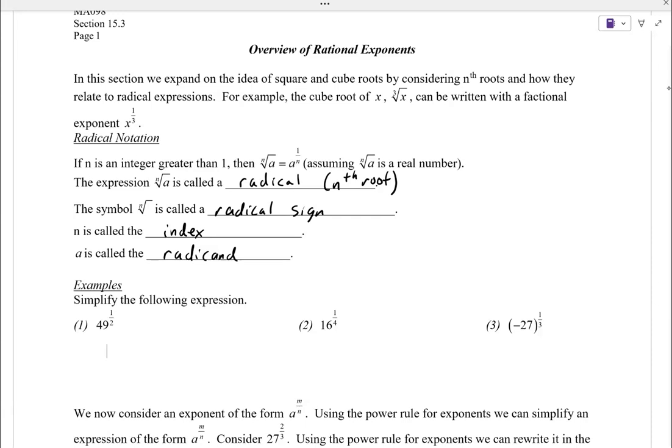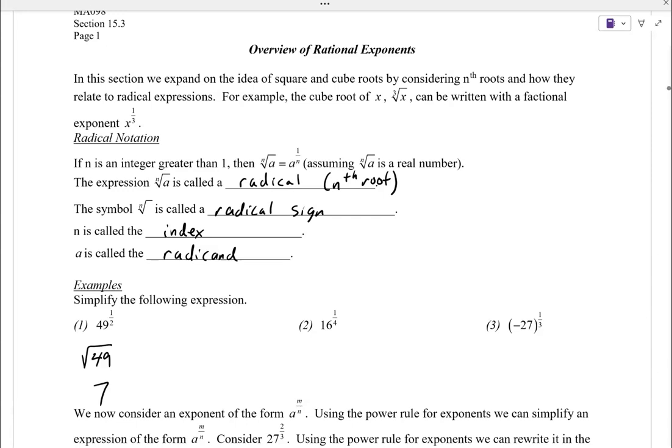So if it's a 2, that's telling you to take the square root. We could put the 2 in as the index, but remember we talked about that before. If you don't have an index there, you just assume it's the square root. And then what's the square root of 49? 7. Good.